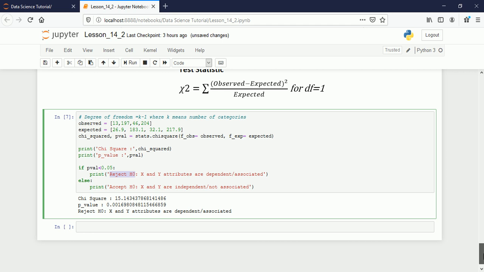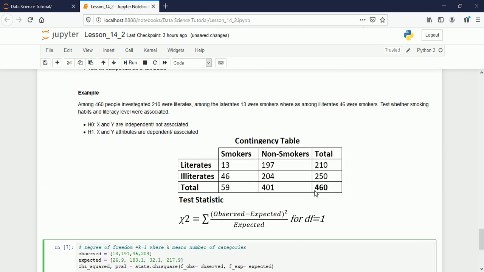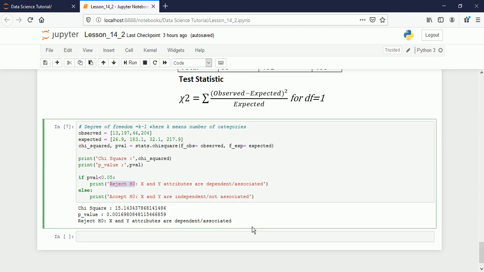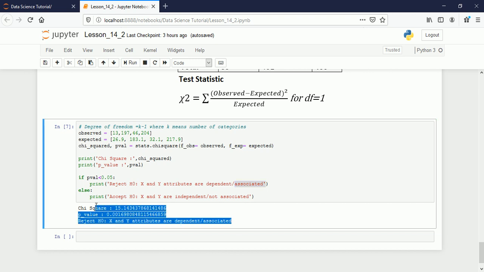It means there is some relationship between smokers and literate people, non-smokers and illiterate people. So we reject the null hypothesis and accept H1, the alternative, which states that the values are dependent and associated, and the values are printed here.